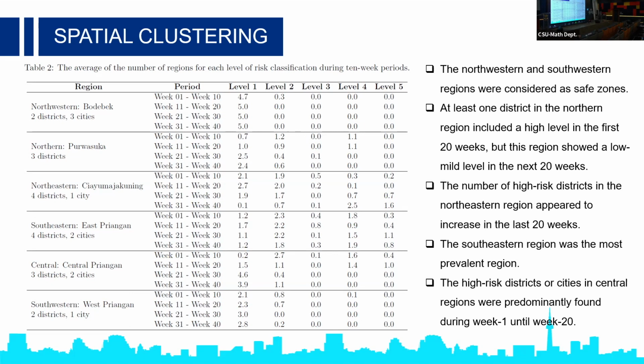Also, the high-risk districts or cities in the central region were predominantly found during week 1 until week 20. So the first harm comes from the most dense area in West Java Central.